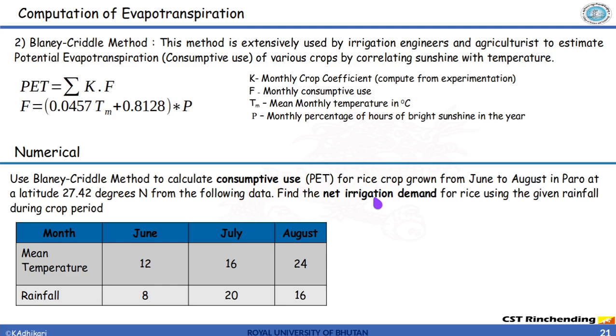So for this, the value of K will be given. It's a constant. It is computed based on experimentation for different crops. P will have a different table, just like in Penman's method. P is the value that we have to retrieve from our standard table.